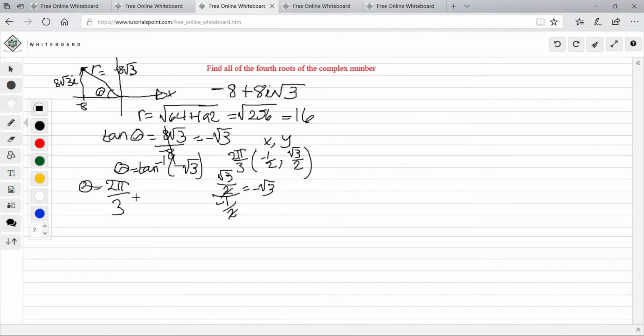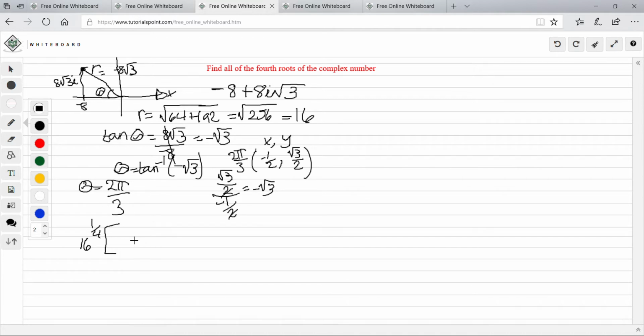We said our radius is 16, and then you raise it to the 1 over n power, where n is 4 because it's the fourth root, so that's why it's 1 over 4.